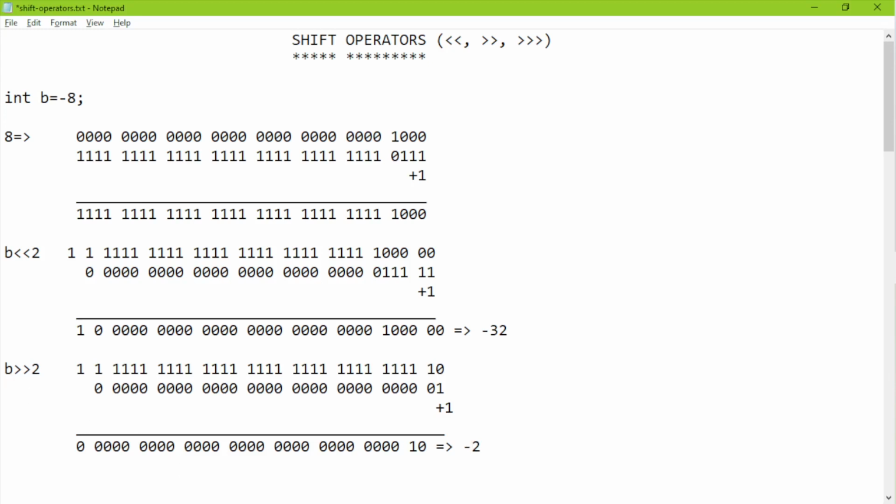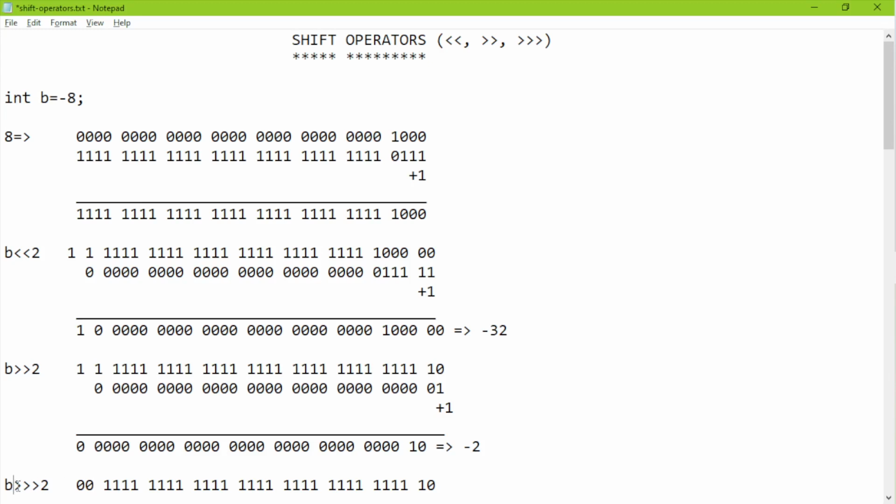Okay, next we have to do a right shift with 0 fill. So the B value is minus 8. We can take the binary representation of minus 8. We have to do the right shift by 2 bits. So these 2 bits will get truncated, and here we have to fill with 0.